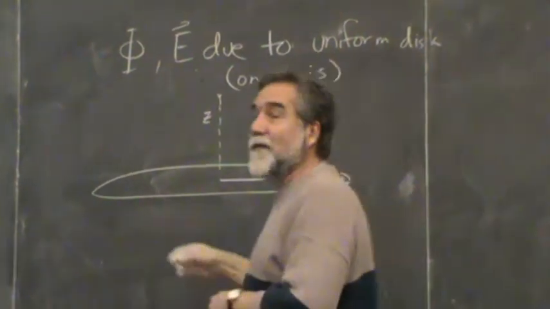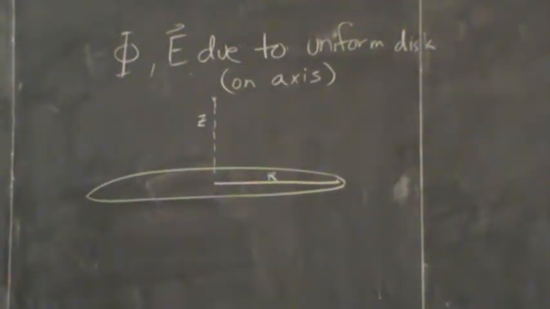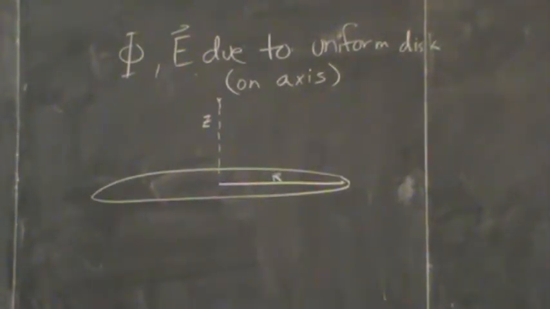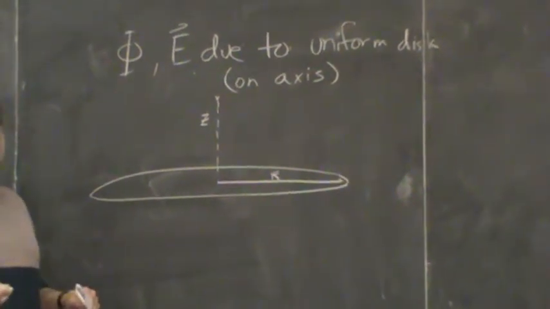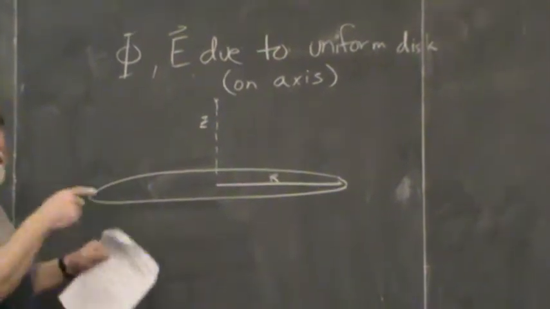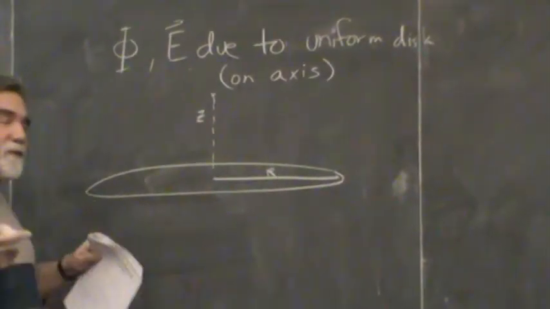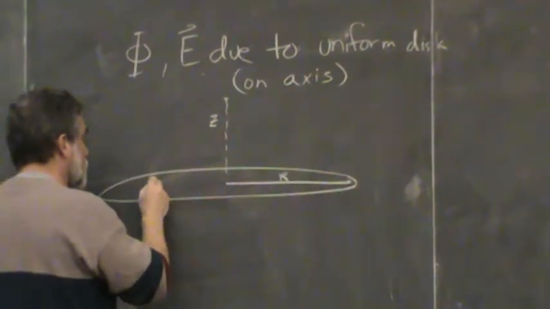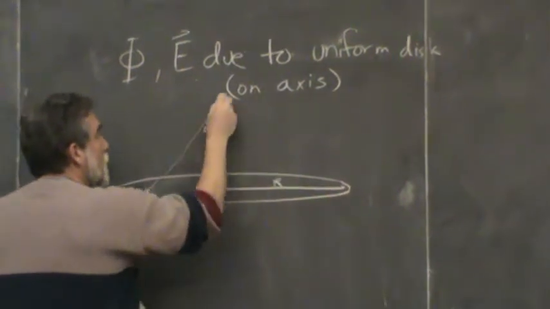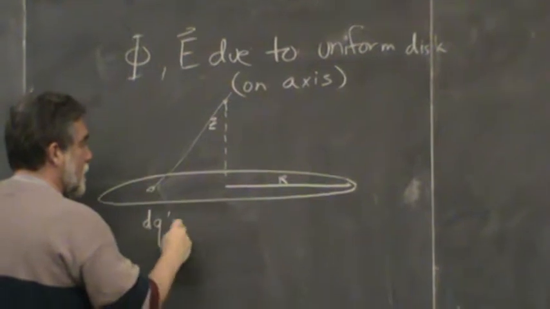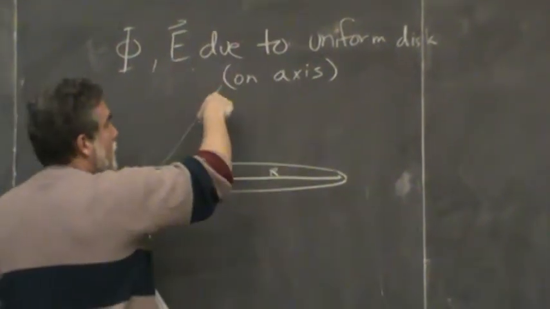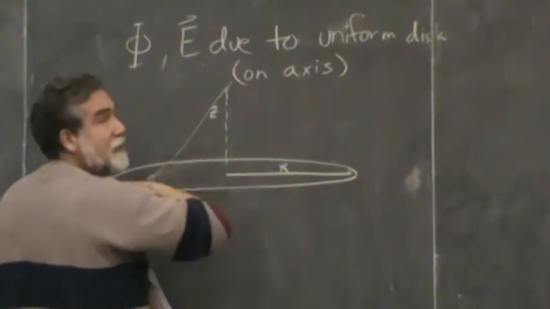I did that already. So we've got a disk here, right? We're going to calculate the potential first, because figuring out the field includes vector directions, and I don't want to have to think about those. So if I have a little bit of charge over here, dq prime, what potential does that lead to?